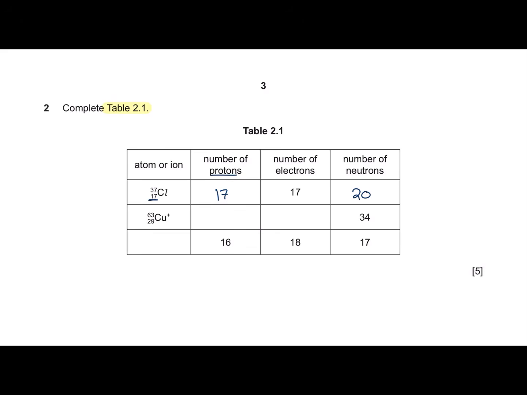Next up, they have given us the ion of copper, copper plus 1. So it has lost one of its electron. So number of protons would be 29, and as it has lost one electron, the number of electrons would be 28. Number of neutrons, they have already provided us with 34.